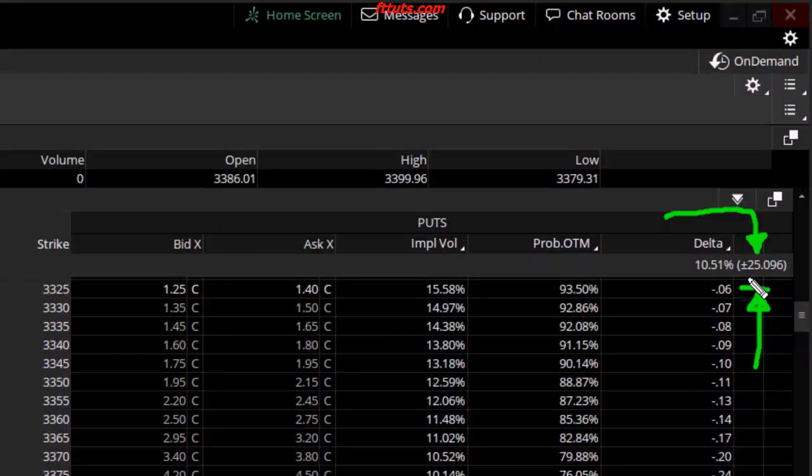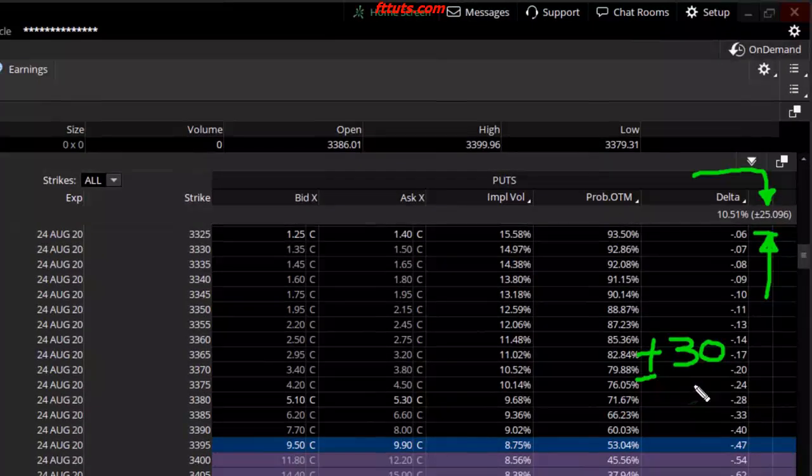So if I have a morning expected move for the day of plus minus 25 points, then I want to use the next multiple of 10 outside of that. So in this case, I want to use plus minus 30-point wide wings. If I had an expected move here of 22 points, I would still use plus minus 30-point wings.